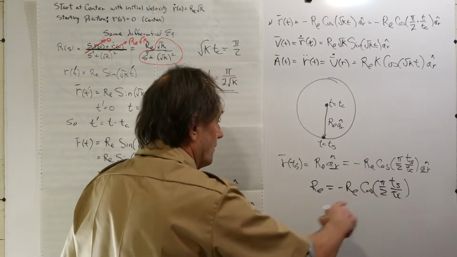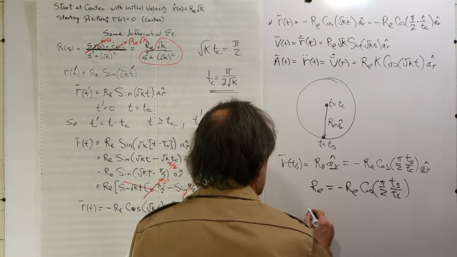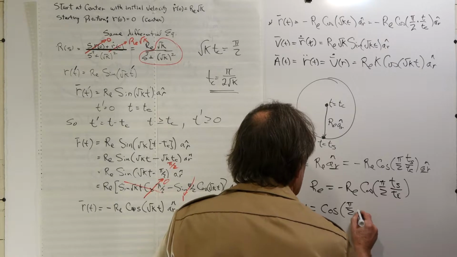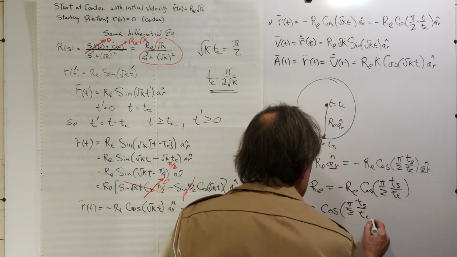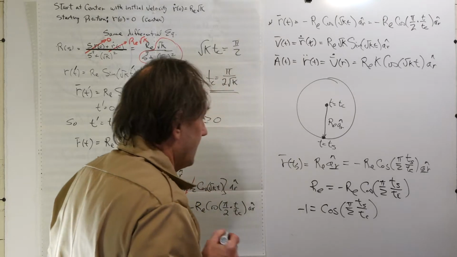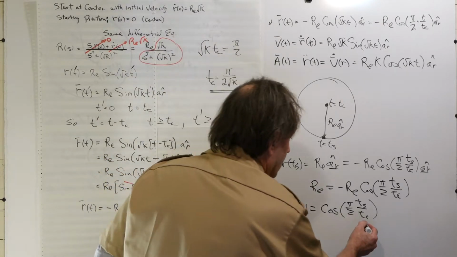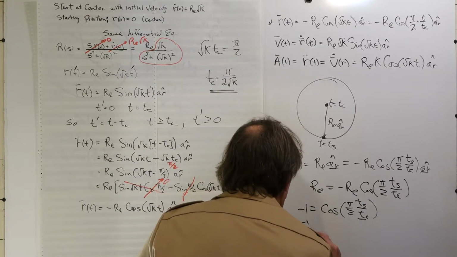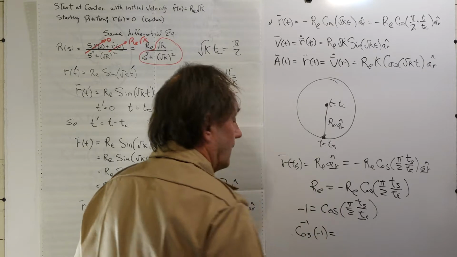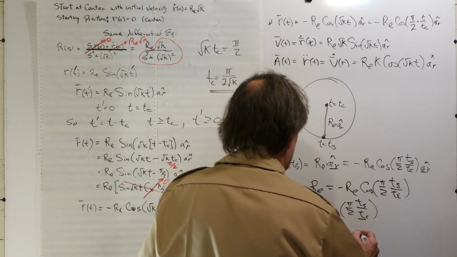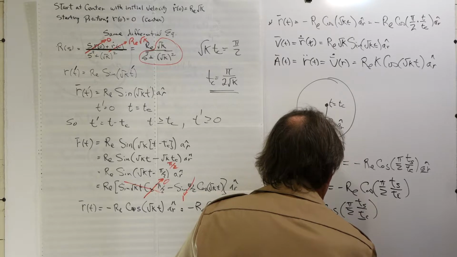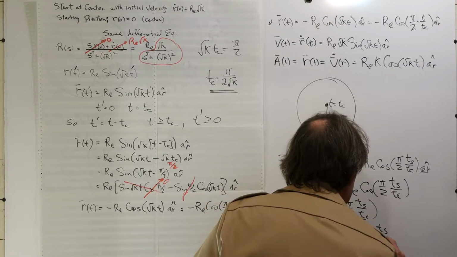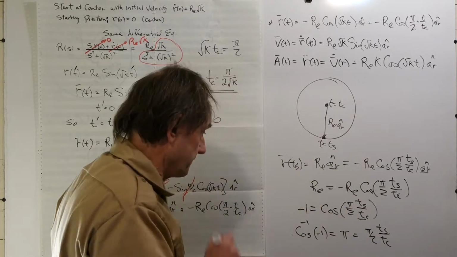We can divide through by minus R_E, so we get minus 1 is equal to the cosine of pi over 2 times t_s over t_c. And now, to solve for the argument, we take the arc cosine of both sides. So we have the arc cosine of minus 1. Arc cosine of minus 1 is pi, and that is equal to pi over 2 t_s over t_c.